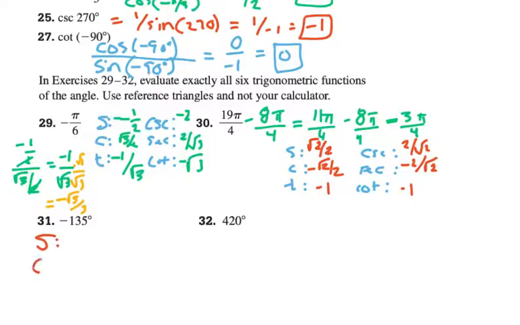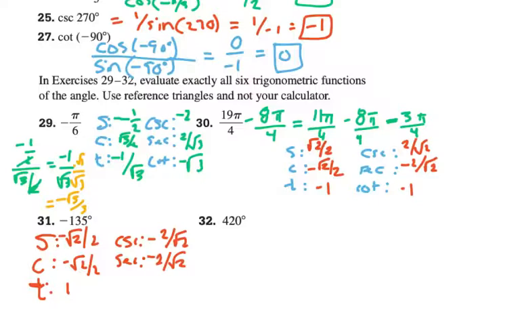So sine, cosine are both square root of 2 over 2, negative. That means tangent is the same thing over the same thing, or +1. The cosecant is the flip, so -2 over square root of 2. Secant flips cosine, so 2 over square root of 2, negative. And cotangent flips the number 1, so it's the number 1.